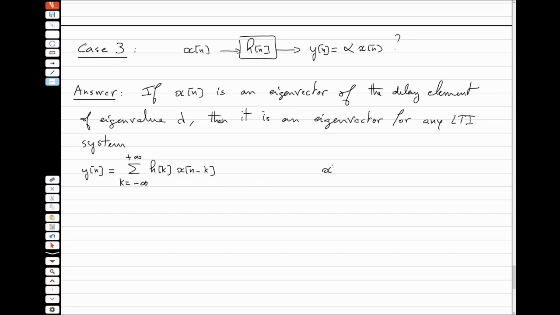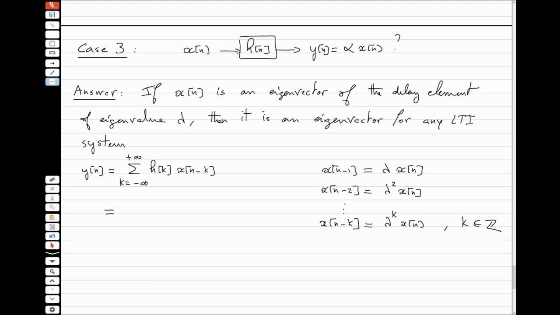But we know that x of n minus 1 is equal to lambda x of n, because by assumption. All right, so x of n minus 2 is lambda squared x of n. In general, x of n minus k is lambda to the k x of n for any integer k.